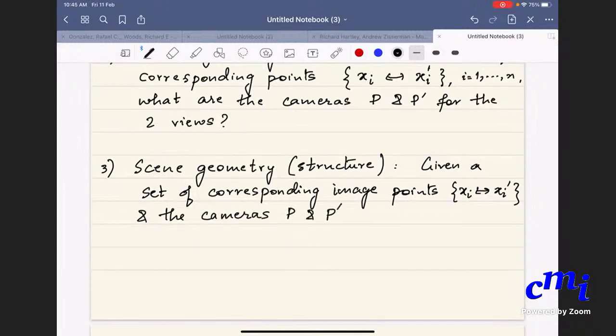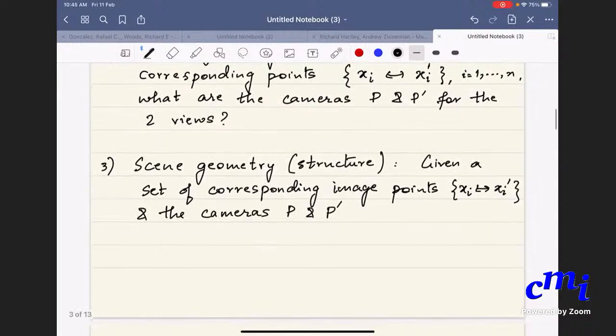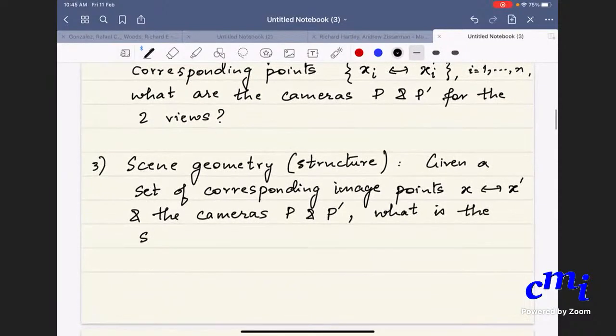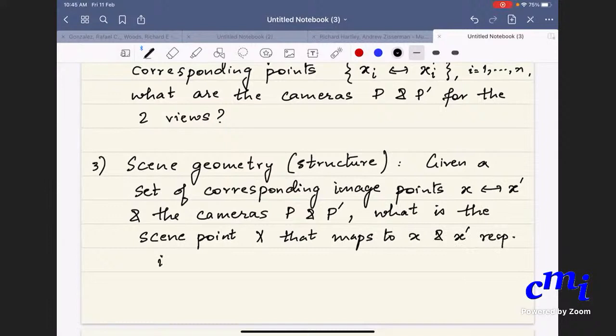Then for each point, we want to find the original point in the scene. So let me just restrict to one point. Given a set of corresponding image points x corresponding to x prime and the cameras P and P prime, what is the scene point X that maps to x and x prime respectively in the two images?